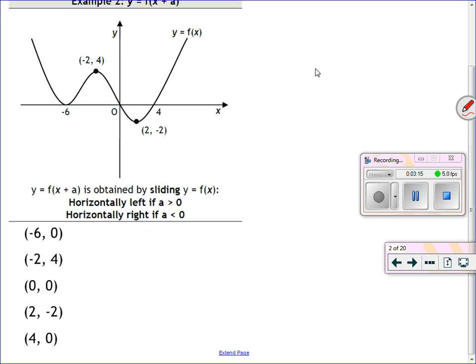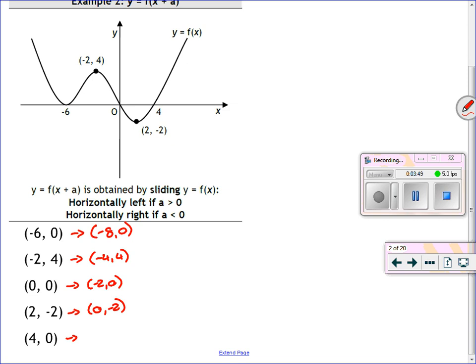So I'm going to do this bit here in red. So if I move minus 6, 0 back 2 places, that's going to become minus 8, 0. Minus 2, 4 is going to be minus 4, 4. 0, 0 is going to become minus 2, 0. 2, minus 2 is going to become 0, minus 2.